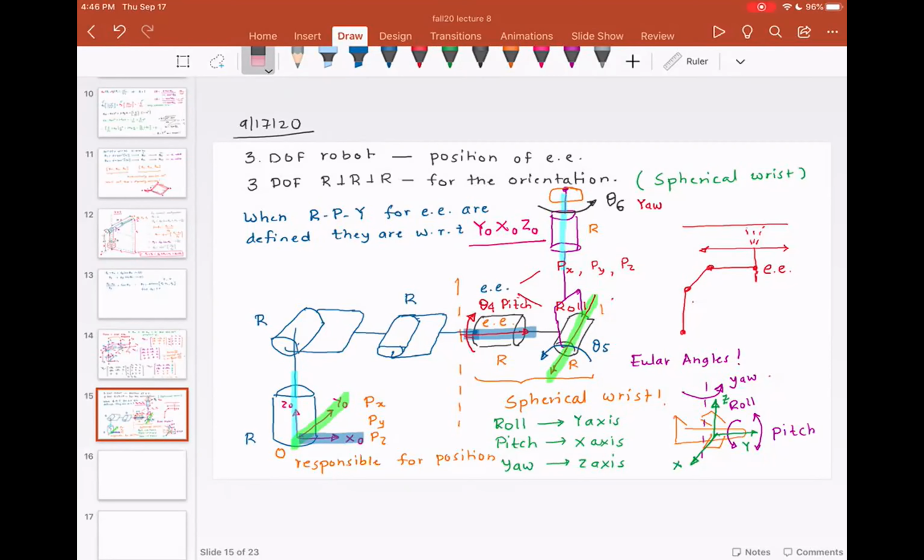So the question here is, how to find theta 6, theta 5, and theta 4 for any particular combination of roll, pitch, and yaw. That is the problem we are going to attempt first.